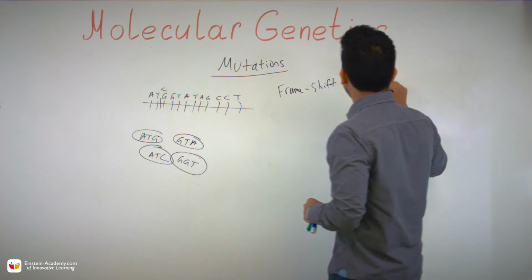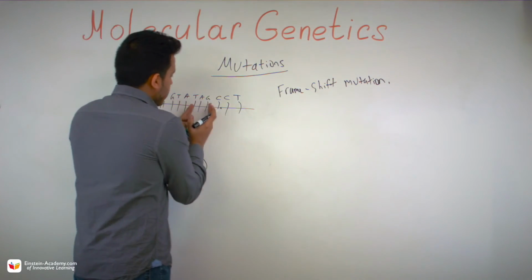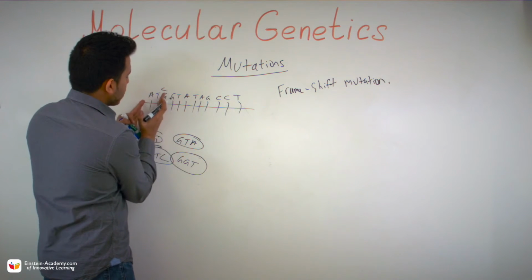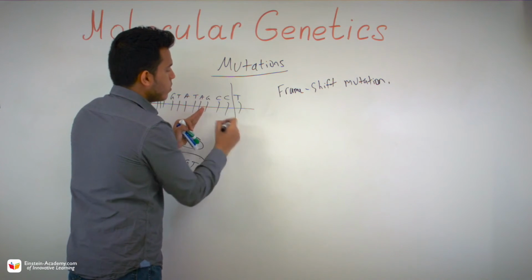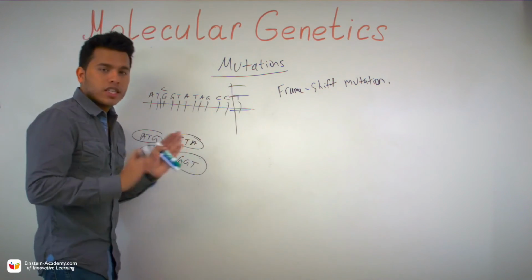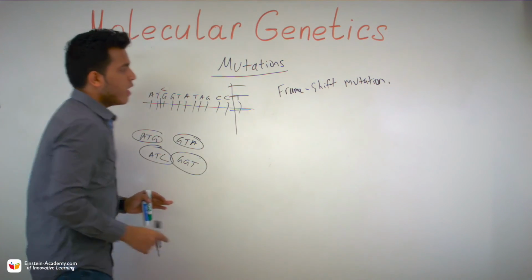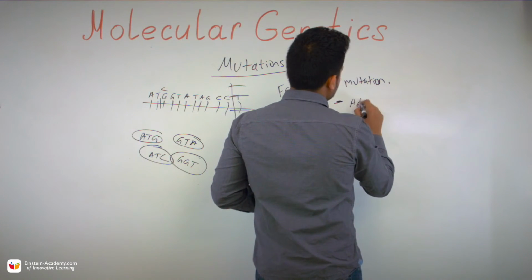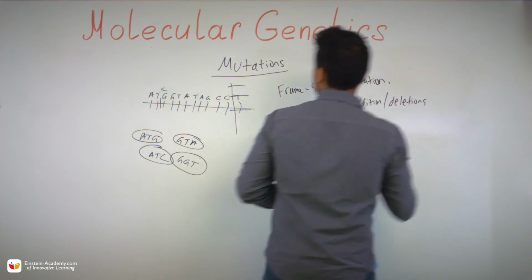When you change the reading frame, instead of reading ATG, GTA, TAG, it's now ATC, GGT, ATA, GCC. It was perfect before. Now you've changed the entire frame, and you're coding for something completely different. This results when you have additions or deletions of nucleotides.